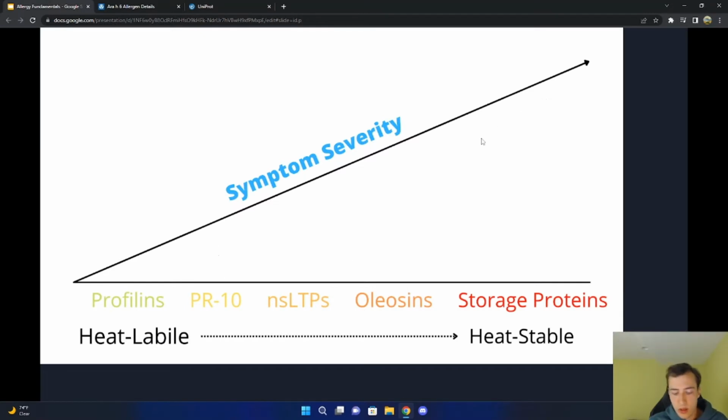So, symptom severity with proteins. The birch pollen that I showed was a PR10. This is heat labile, so it can be destroyed by heat.